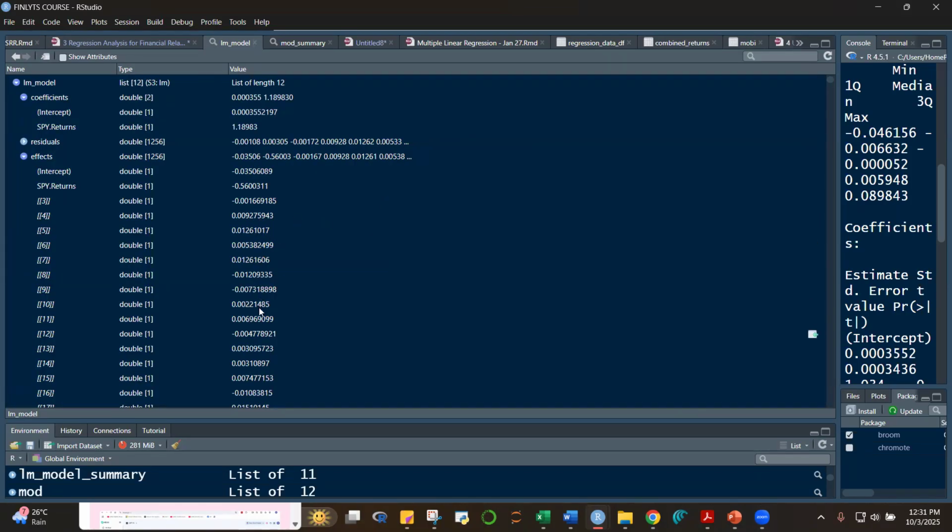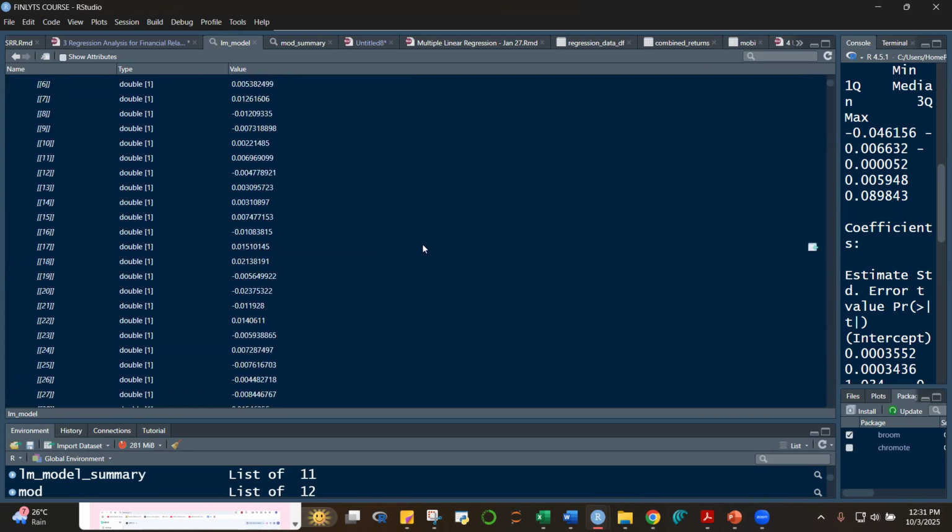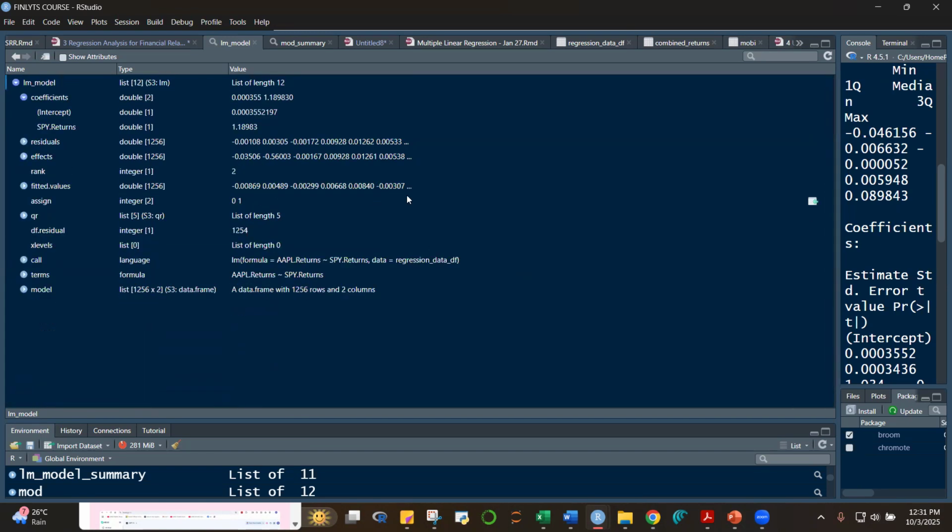So hindi siya effects, di ba? It's not this one. So where can we get the actual value here? We need the y sub I, class. Do we have the y sub I here? Anyone, class? You have the predicted value here, fitted values. So where do we get the y sub I, class? Anyone, please?